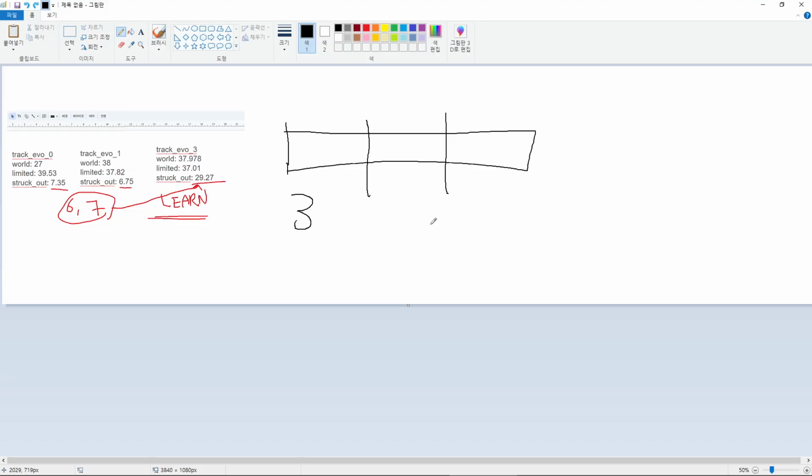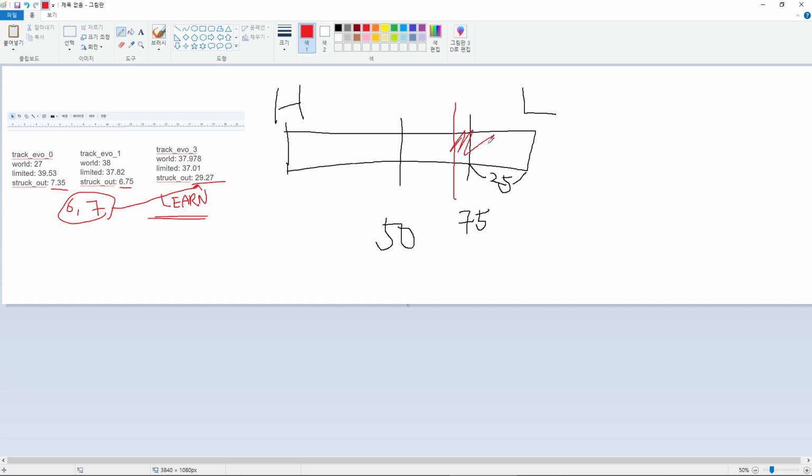Actually, no. Let's just say this is 50, this is 75, and this is high, some utility scores, and this is low. So I let the bottom 30%, so this is 25%, so I let about this much learn from 50, 1, 2, 3, 4, 5, from this much.